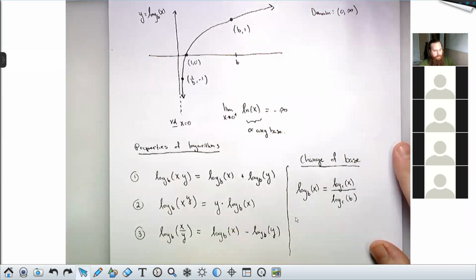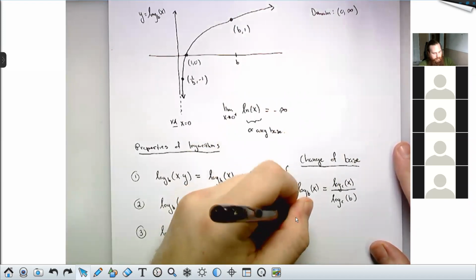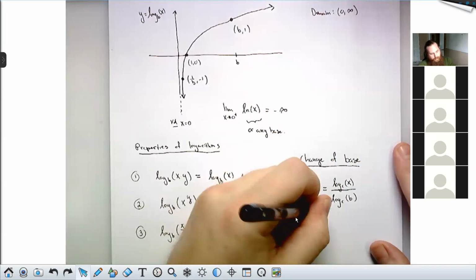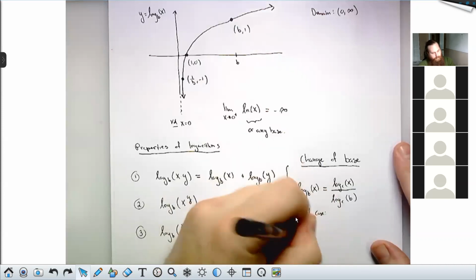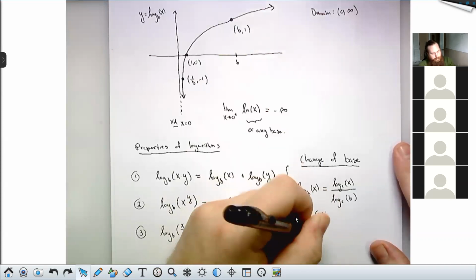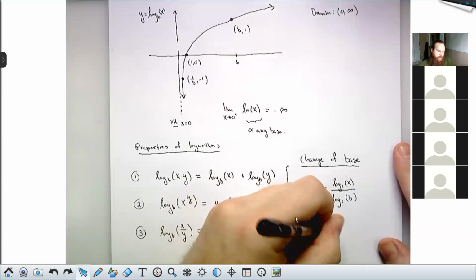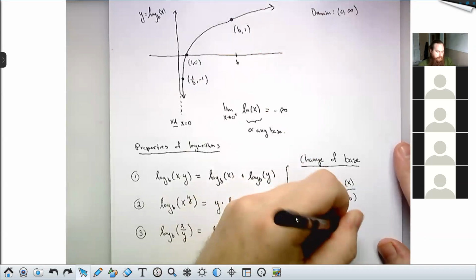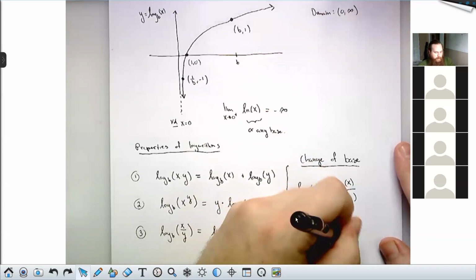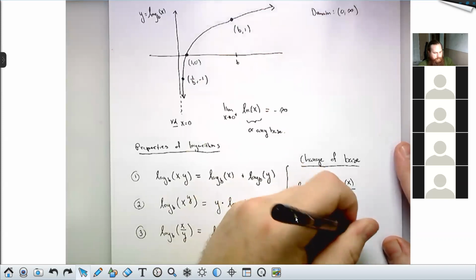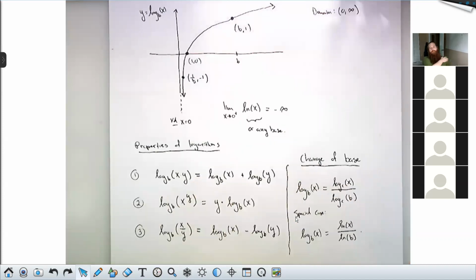And one special case of this is that if you take an arbitrary base logarithm, you can always write it as the natural log of the inside over the natural log of the old base. This is the special case where I'm just using c equals e in this formula.